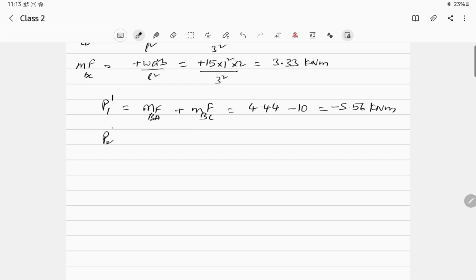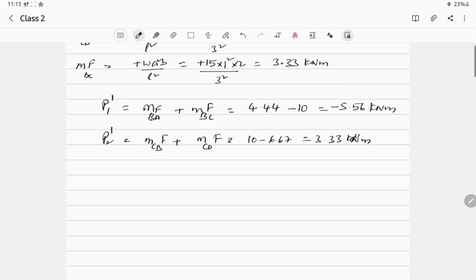Then again we'll take down P2 dash, which is equal to MFCB plus MFCD is equal to 10 minus 6.67 is equal to 3.33 kilonewton meter.